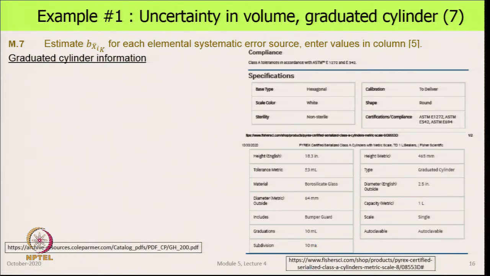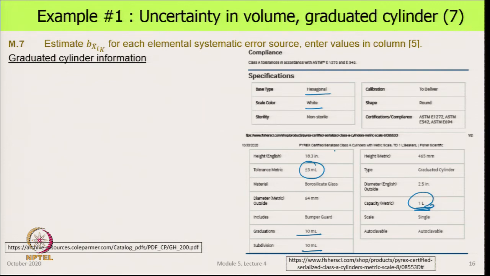So, this is another example of a graduated cylinder, where it says that it is white, round, and capacity is 1 liter, and tolerance is plus minus 3 milliliters. So, this is what we took in our calculation. Graduations 10 ml, subdivision 10 ml.